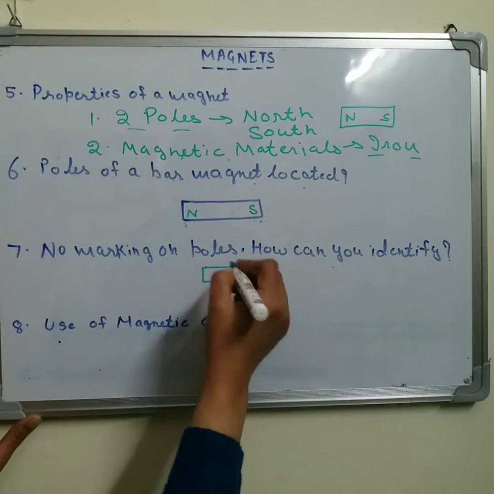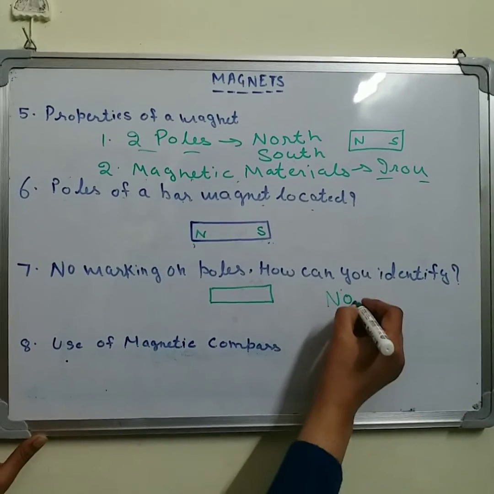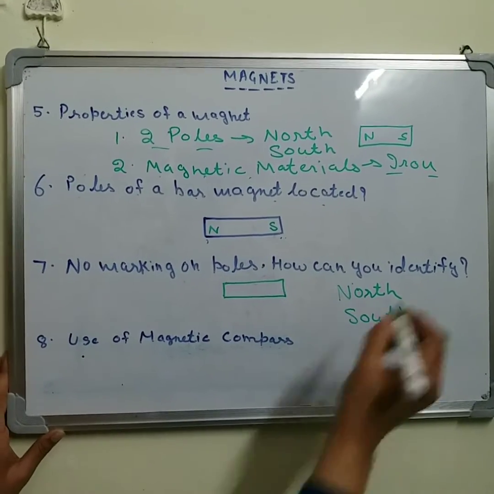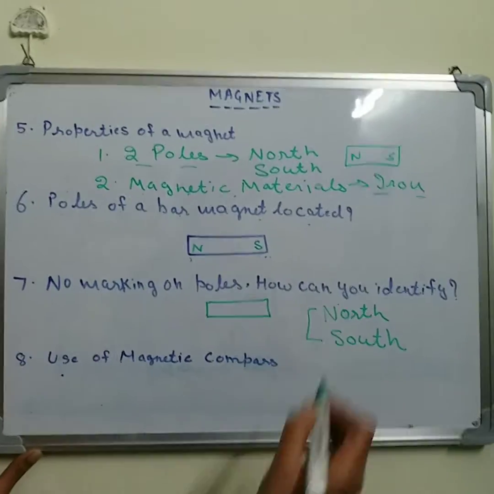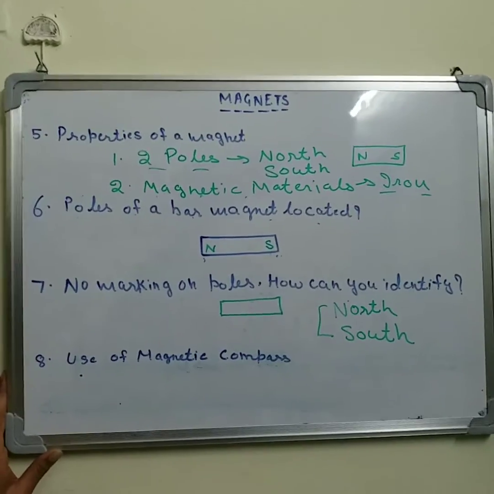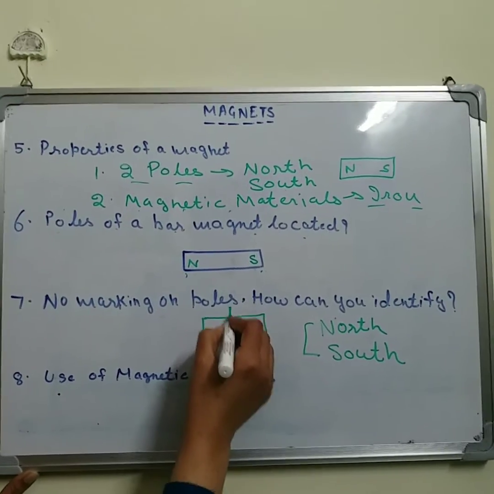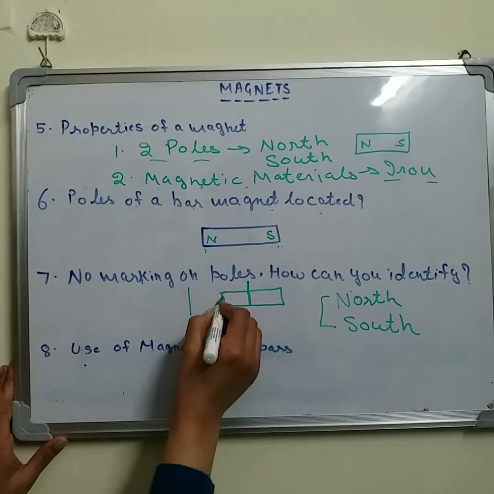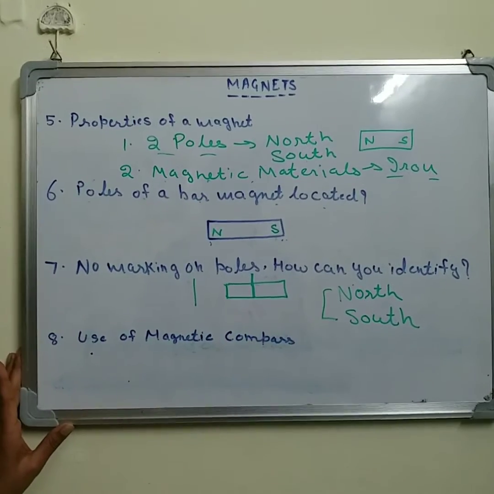A freely suspended magnet always aligns in the north and south direction. A freely suspended magnet always comes to rest in the north and south direction. So if we have a bar magnet and we freely suspend it, naturally it will come to rest after some time in the north and south direction.